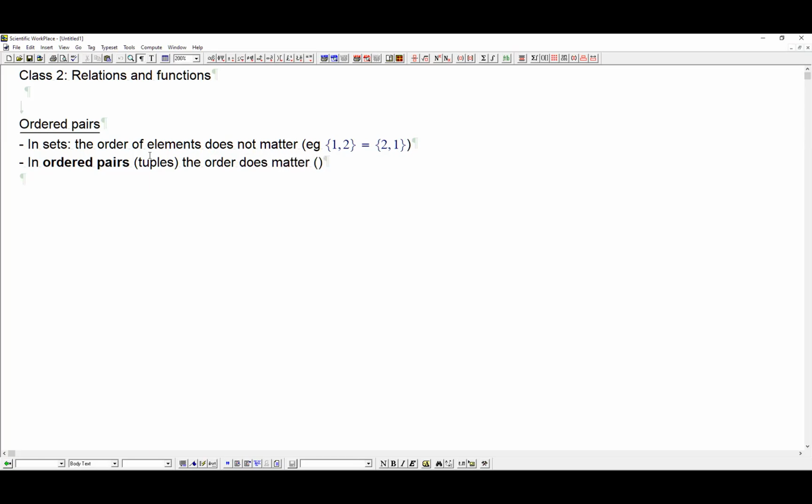So we write it with parentheses. So (1, 2) does not equal (2, 1).